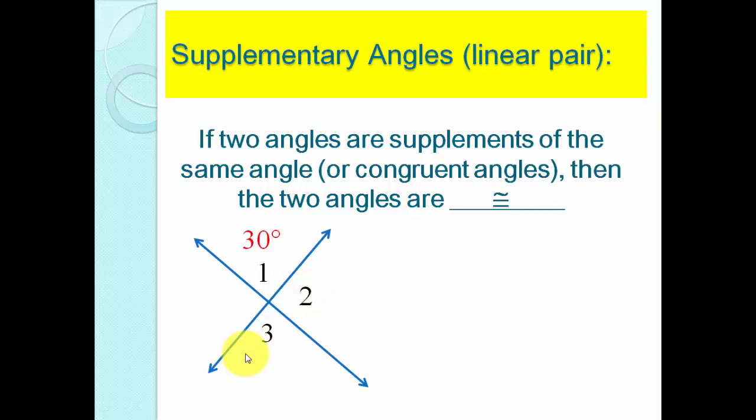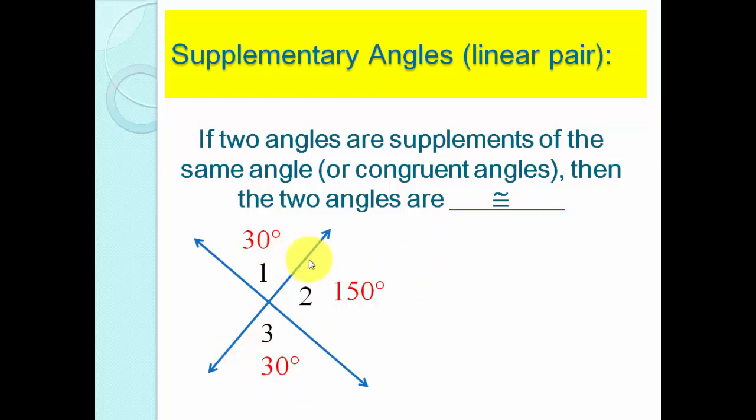So let's say that I made angle 1 30 degrees. That would make angle 2 150 degrees because they have to add up to 180. If angle 2 is 150 degrees, that would make angle 3 30 degrees because since they are supplementary angles, they have to add up to 180.